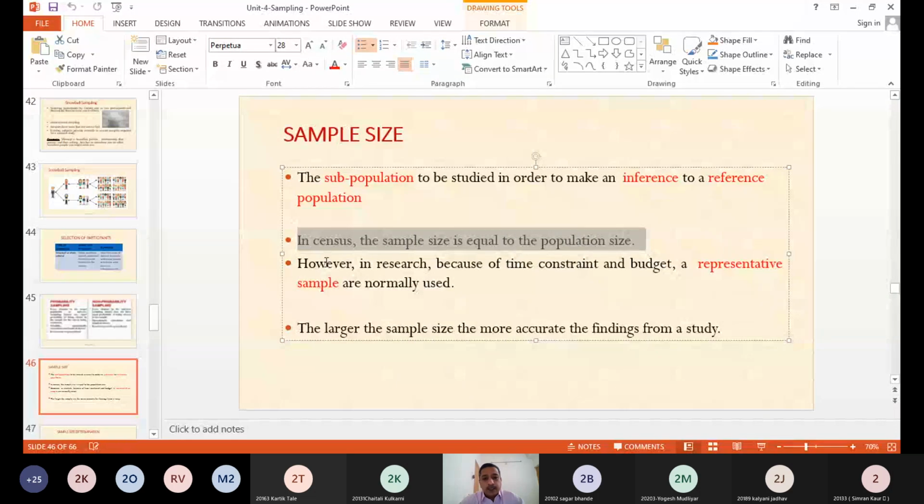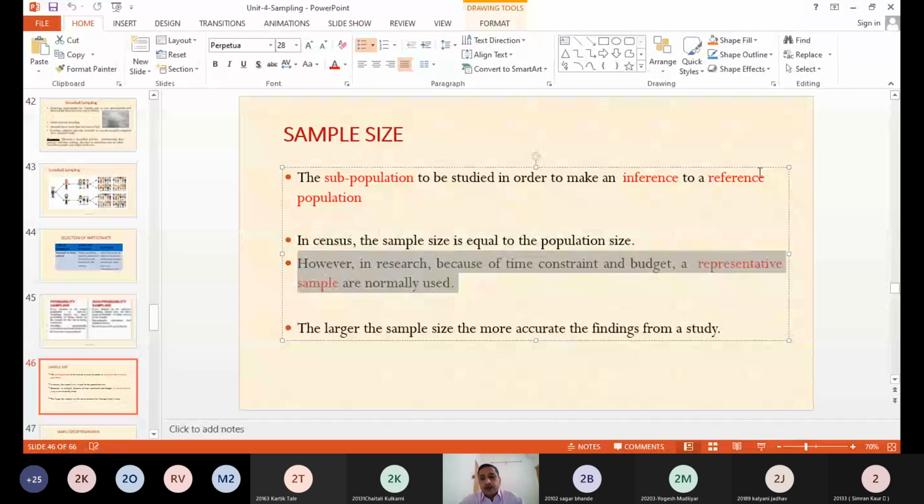However, in research, we have time constraints as well as budget constraints, and therefore we normally use a representative sample for conducting research, and then on doing research on that particular sample we infer the results over the total population.